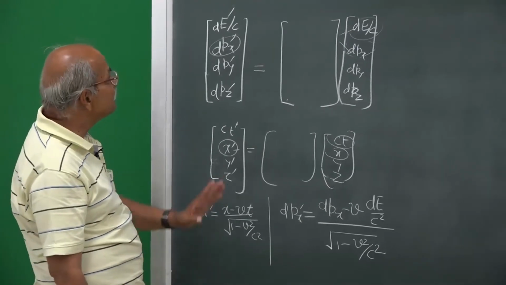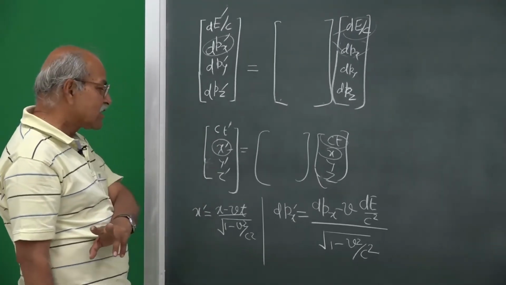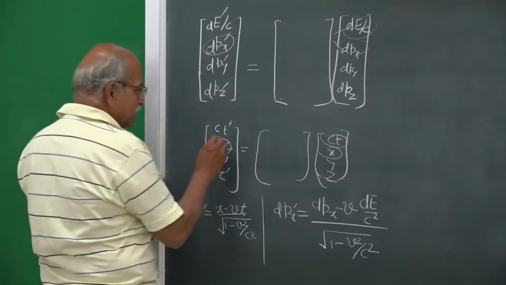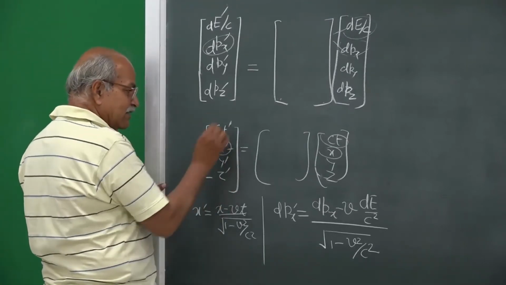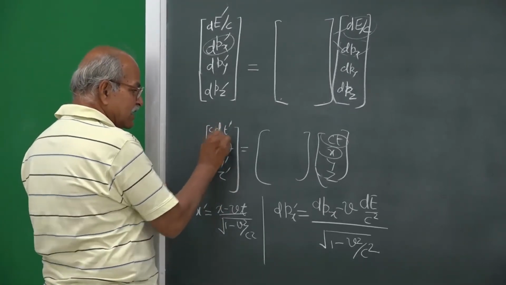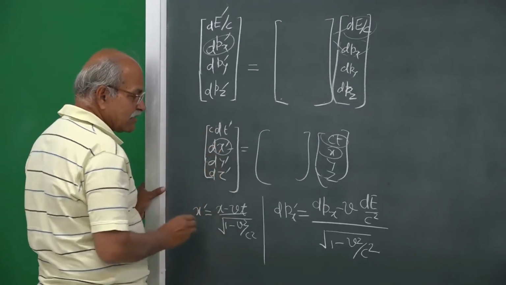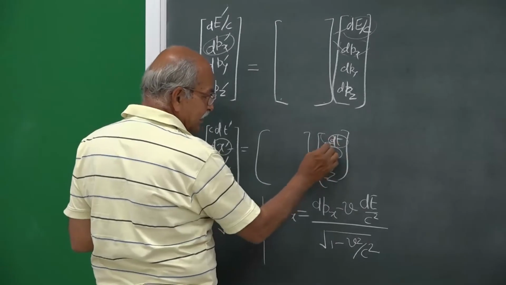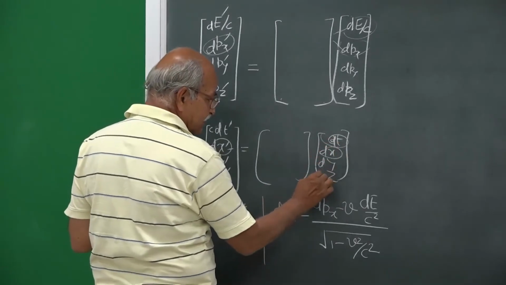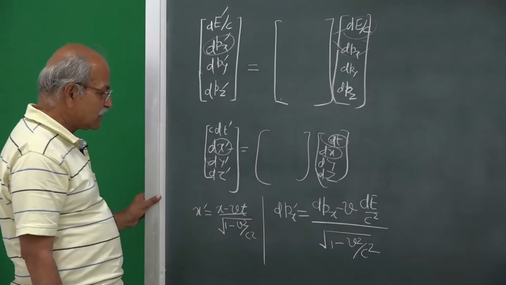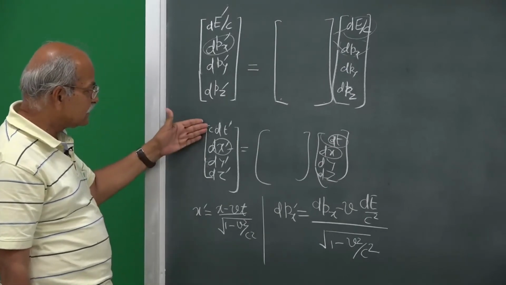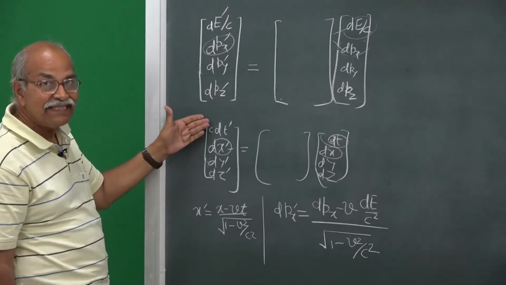And how will dt prime transform? Very simple. You can take again the differences, this will be C dt prime, then dx prime, dy prime, dz prime, this will be C dt, and then you have dx, dy and dz. And you know what is the transformation of this t prime or dt prime.